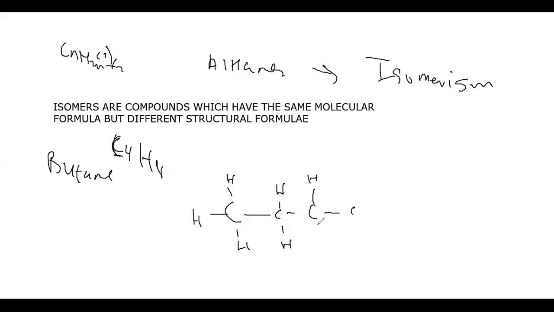So basically, they want you to know this can be drawn as something else. And that's why we call it an isomer. Because this is just a straight chain alkane. We can write that as this, C, C, C, and put a carbon right there.